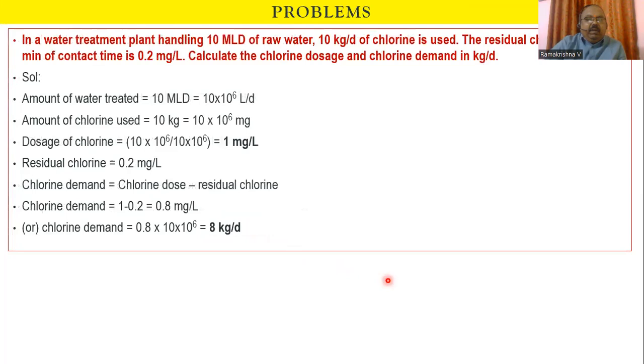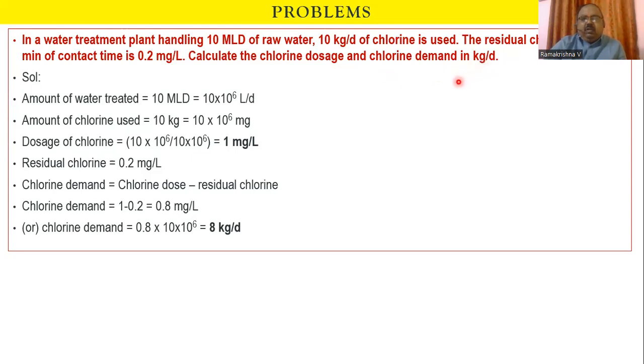In a water treatment plant handling 10 mld of raw water, 10 kilogram per day of chlorine is used. The residual chlorine after 10 minutes of contact time is 0.2 milligram per liter. Calculate chlorine dosage and chlorine demand in kilogram per day. And this is more important. Normally, we calculate these dosages in kg per day instead of milligram per liter.